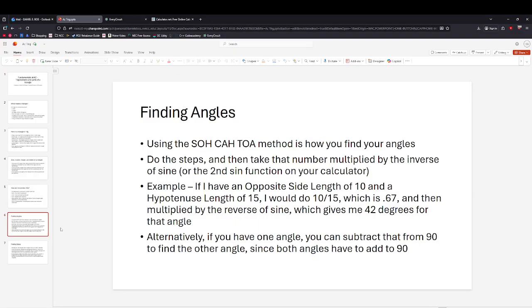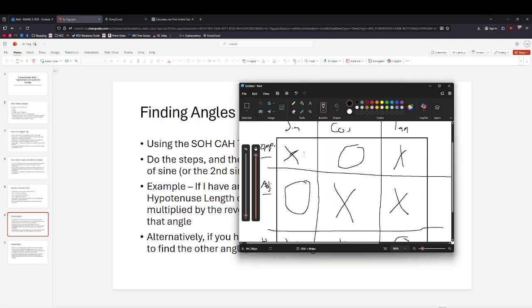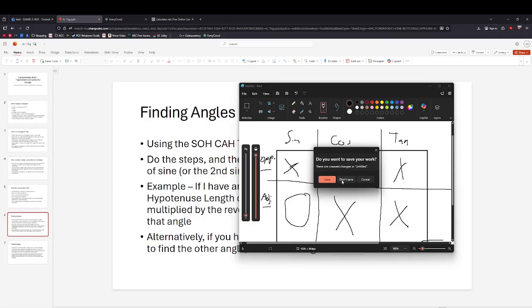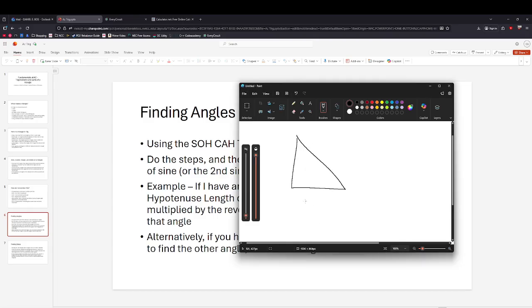Now, for finding your angles, you use the SOHCAHTOA method. So, again, coming back to the other drawing that we had. We're going to do, instead of doing A and B, we're going to do L, M, H, X, Y. So, if we're trying to find our measurements for angle Y here.